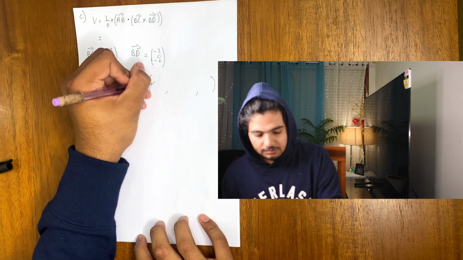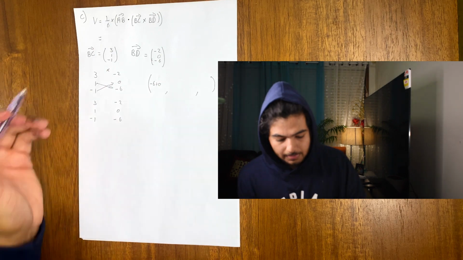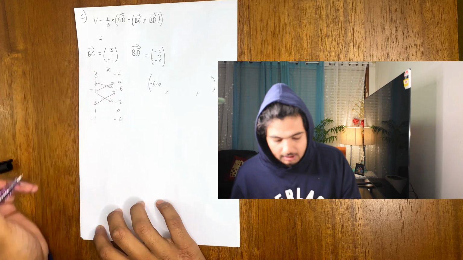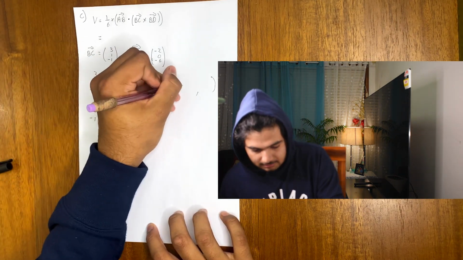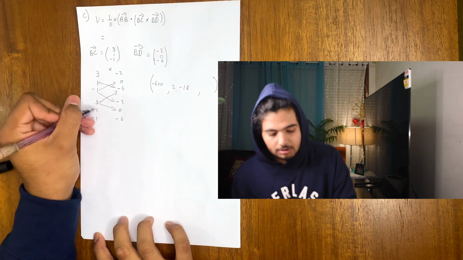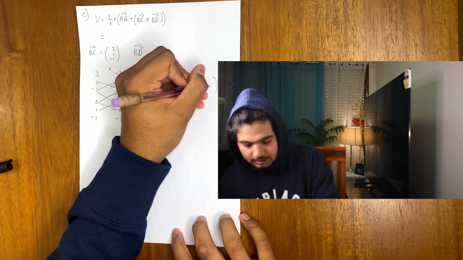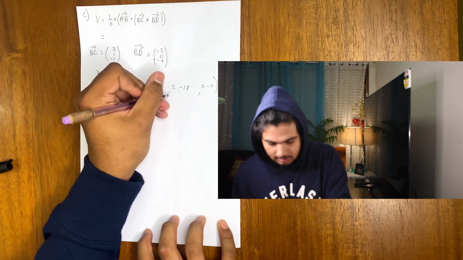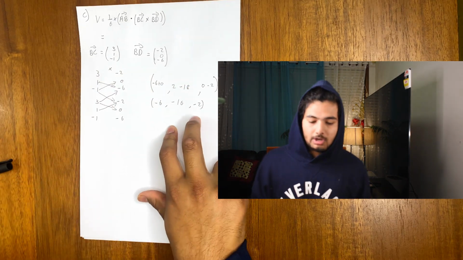So negative 6 plus 0, that's the value of x. Next, negative 1 multiplied by negative 2 minus 3 multiplied by negative 6. So 2 minus 18, that's y. 3 multiplied by 0 minus 1 multiplied by negative 2. 0 minus 2 is going to be z. So the final cross product we get is negative 6, negative 16, negative 2. That is our cross product.